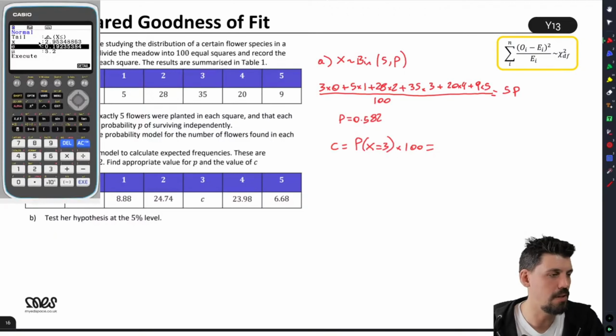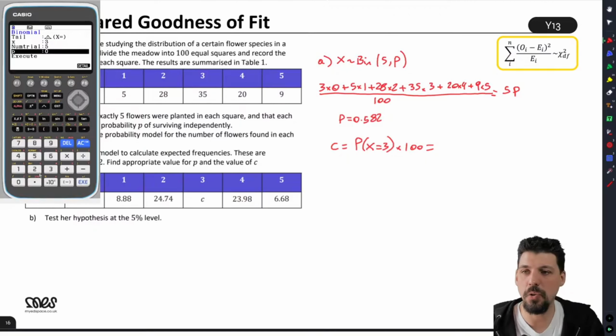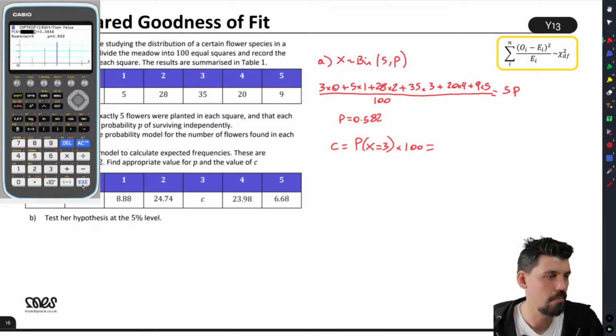And I will show you how to use the calculator to get a lot of this out in a second. So with 0.582, that's 34.44.